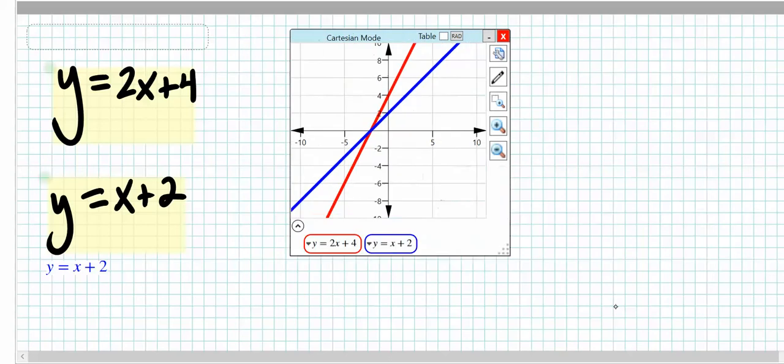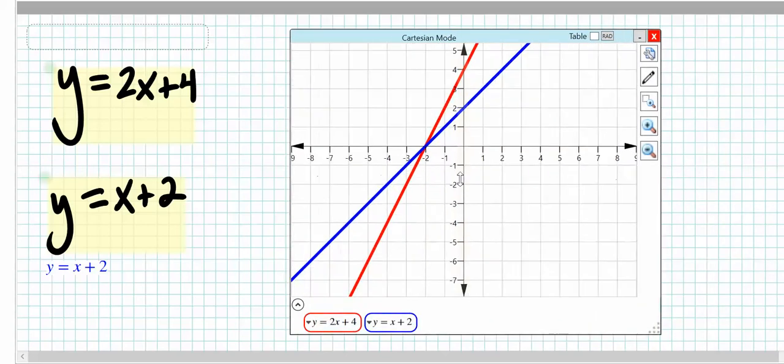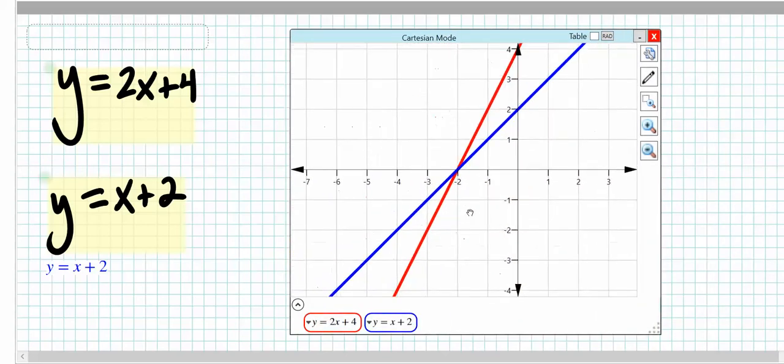Graphing both of them at the same time and zooming in, I'm looking for where they intersect. I'm looking for the ordered pair that makes both of them true. I definitely see an intersection point which looks to me like the point -2, 0. Looks like -2, 0 is the intersection point.